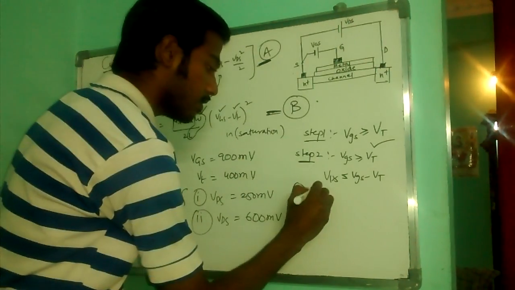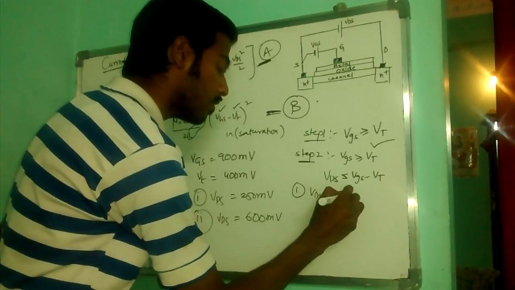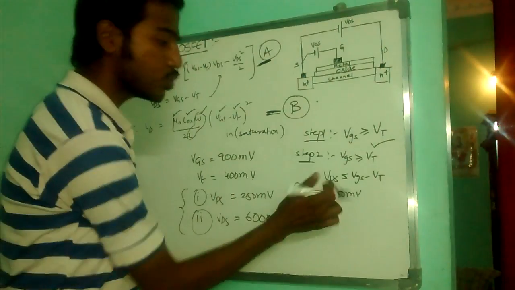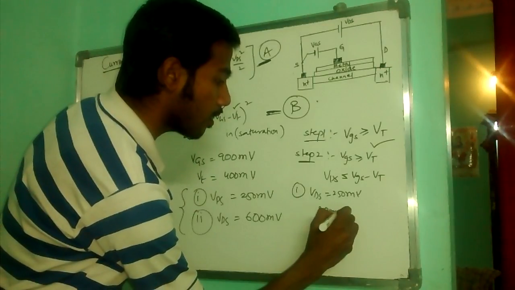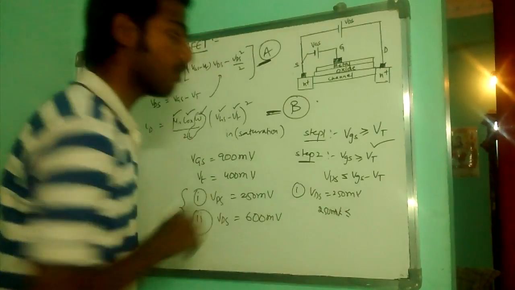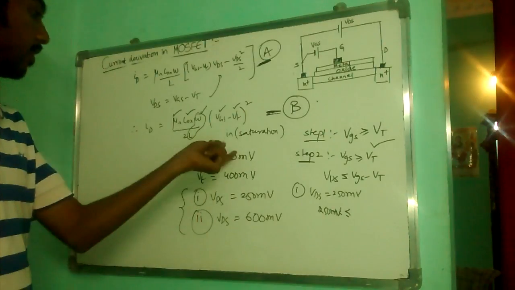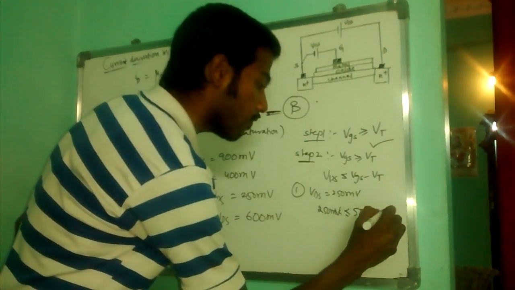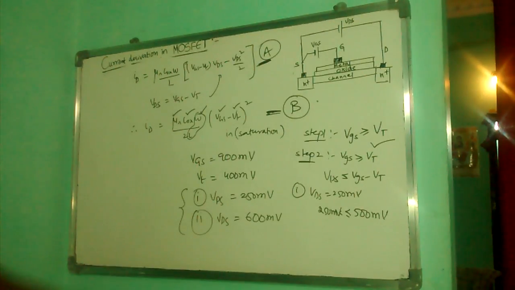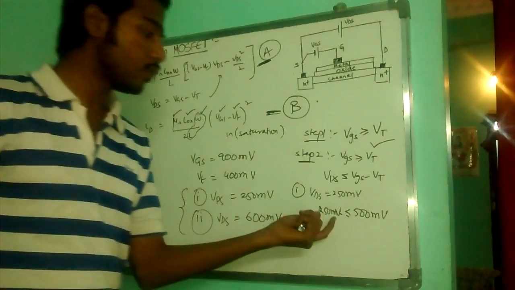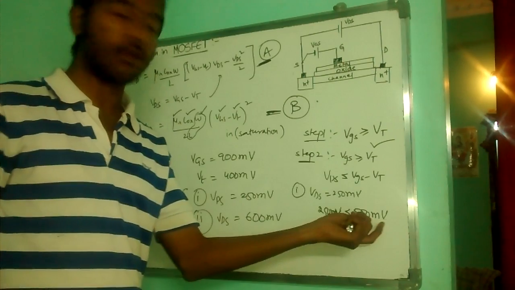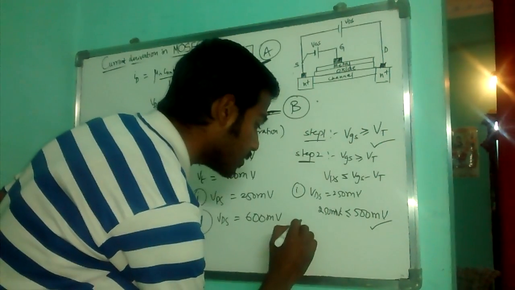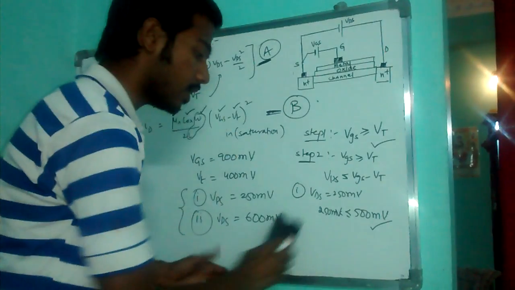Consider the first case, VDS equal to 250 millivolt, less than or equal to VGS minus VT, which is 900 minus 400, that is 500 millivolt. So 250 millivolt is less than or equal to 500. This is correct.